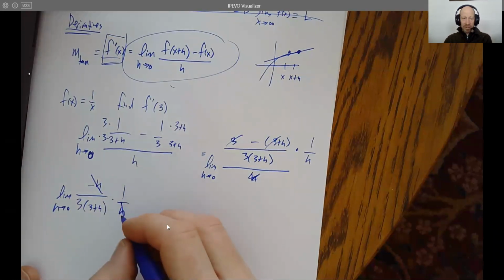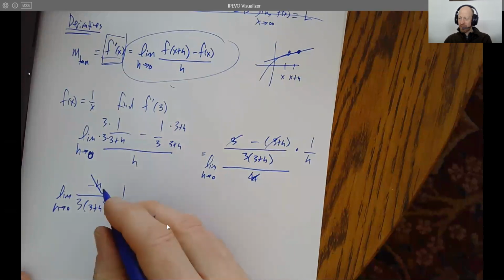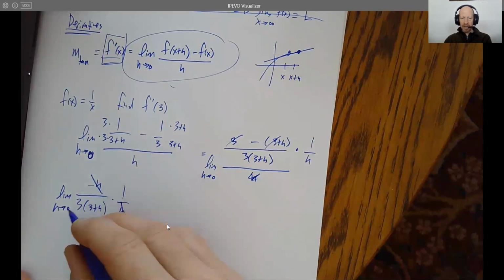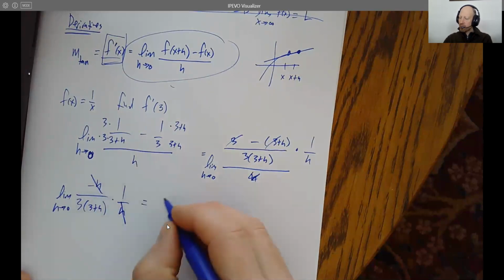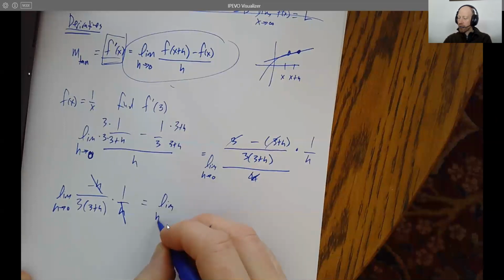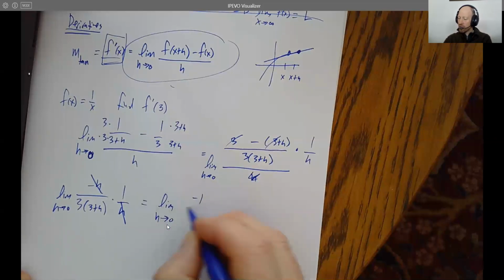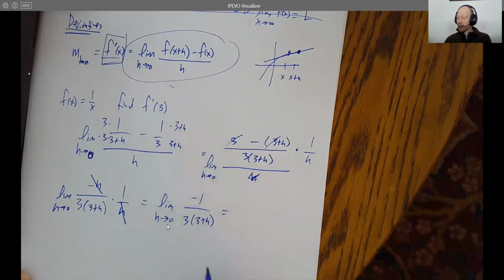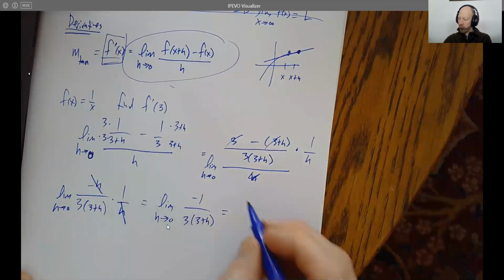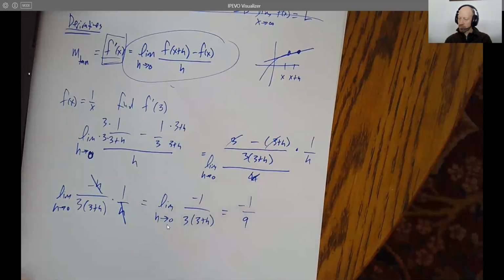And that's good. That's our key, right? When we cancel that thing that's making both the top and the bottom 0, that's my clue to now try direct substitution again and see if I can calculate this limit directly. And in this case, I can, right? When I put in now h equals 0, I get minus 1 over 3 times 3, or minus 1/9.